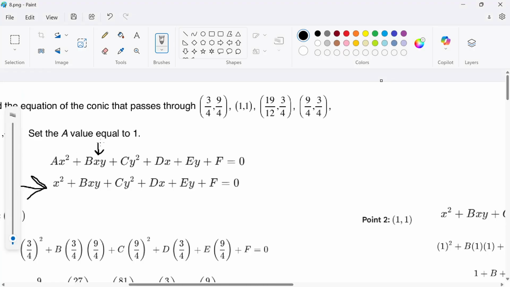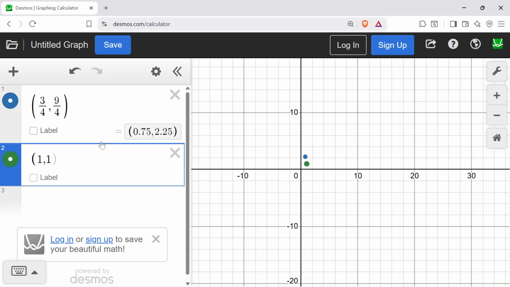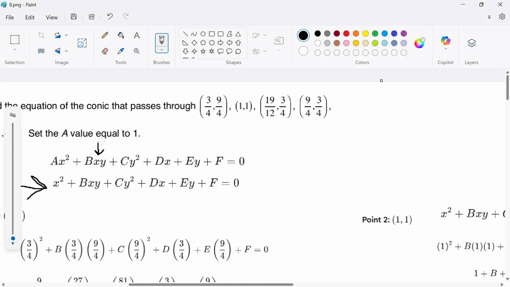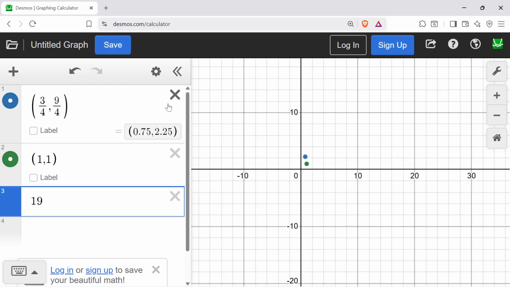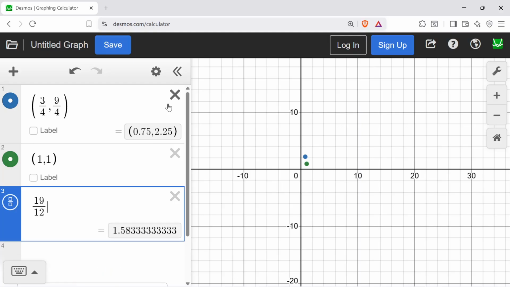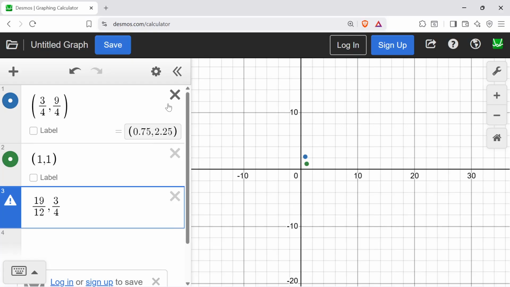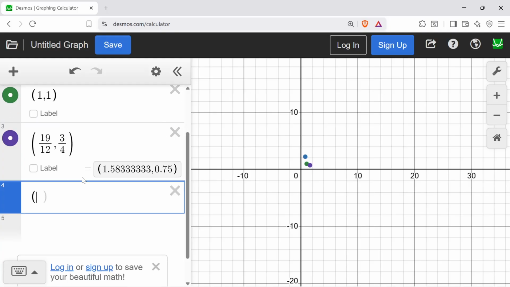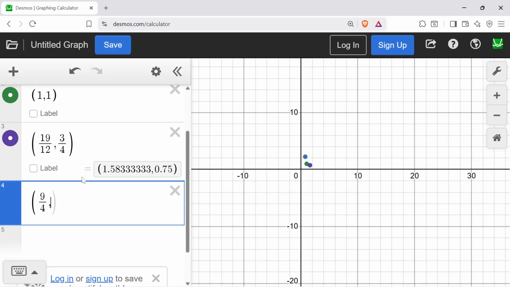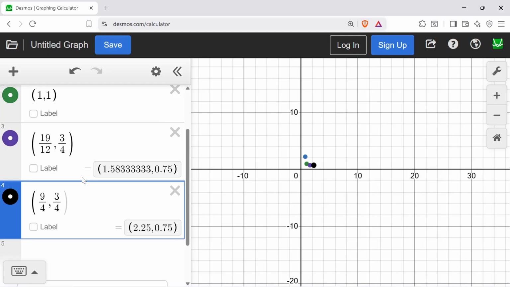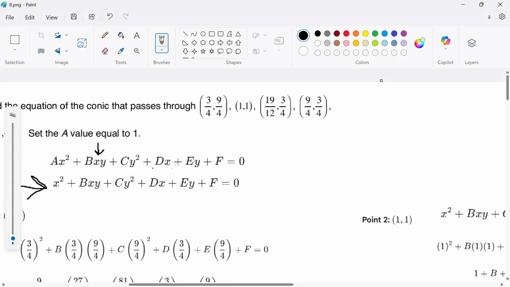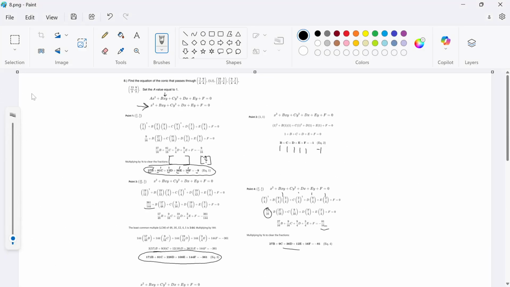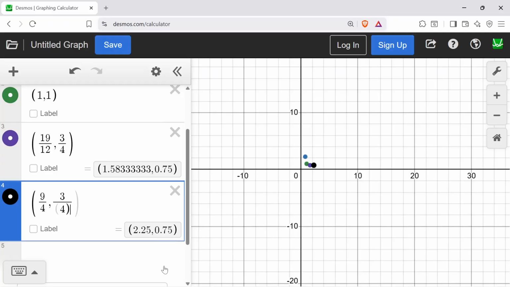Then the next point, 1, 1, and the next point, 19/12, 3/4. Now that's a point. Is this 9/4, 3/4? Do you think you're going to be able to tell that this is an ellipse? And the last one was 33/5 and 9/5.